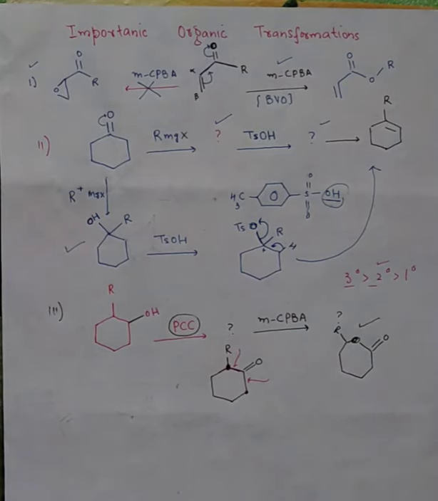These are some of the important organic transformations. Always, the best technique to solve this organic paper is practice. You get at least 5, 6, 7, 8 such organic transformation problems. If you are sure enough to solve them, you can certainly qualify your second paper, and that can help you get a good score in the first paper of your CSIR or GATE.